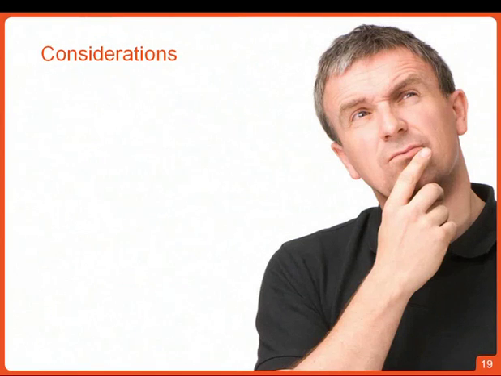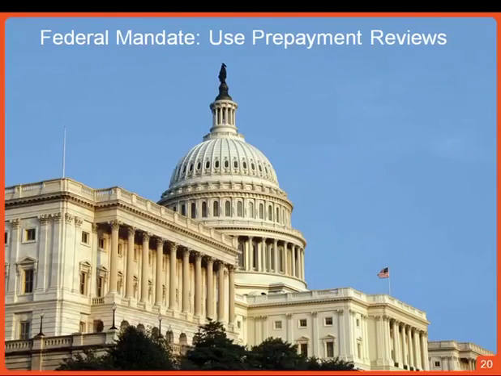As claims enter the adjudication system and pass through traditional prepay screens and edits, each claim is scored for its risk of improper payment. The score is based on proven relationships between claim characteristics, provider characteristics, and overpayment risk. Claims with relatively high scores would be most at risk of being overpaid if paid outright.